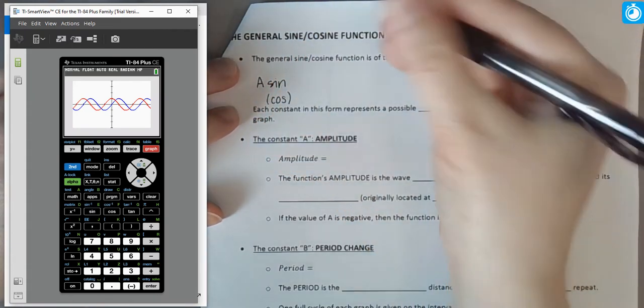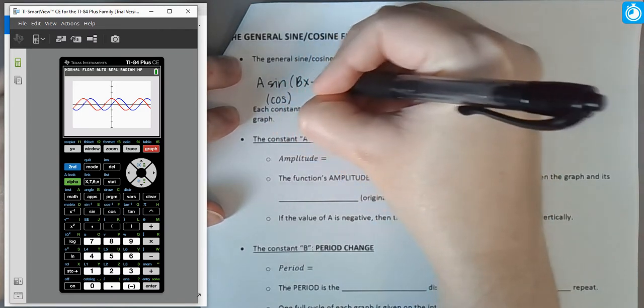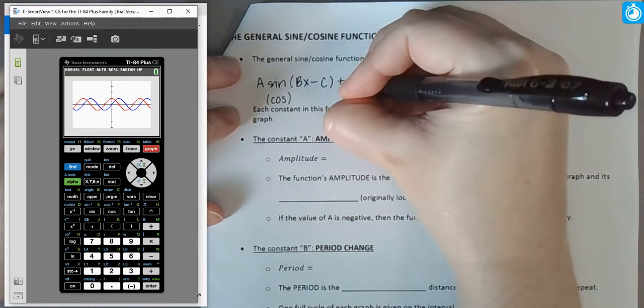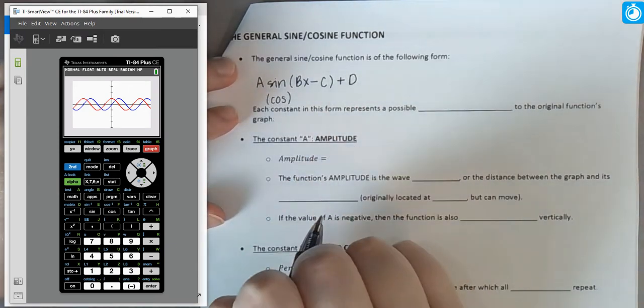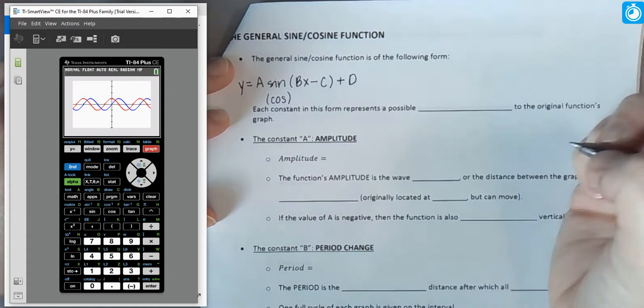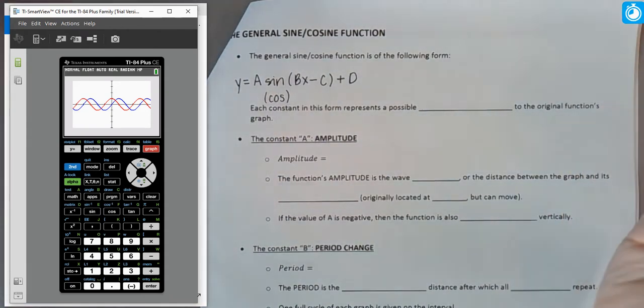So a times the sine of bx minus c, plus d. That's going to be our general form for our function. And just to be sure, let's put a y equals there. Could be y equals, could be f of x, whatever we want.